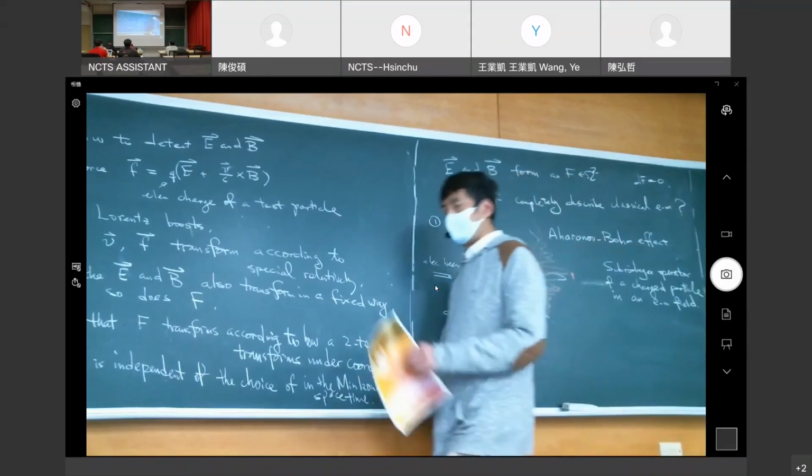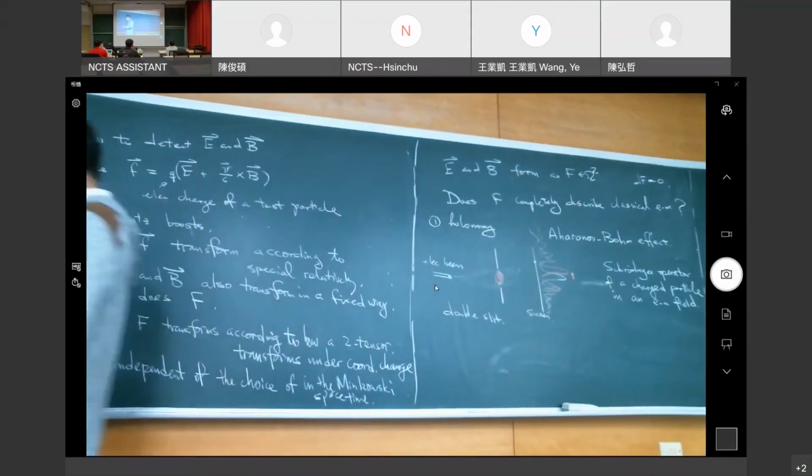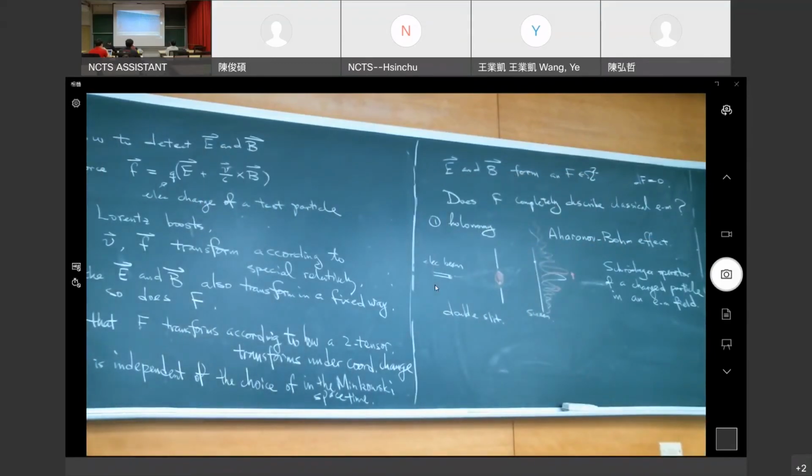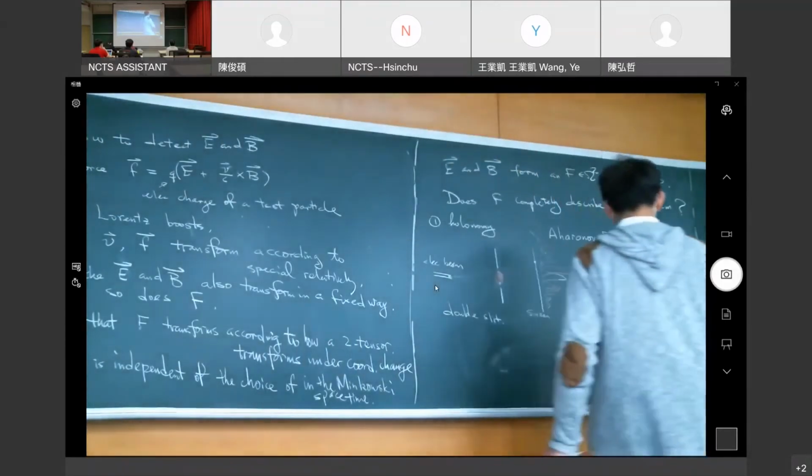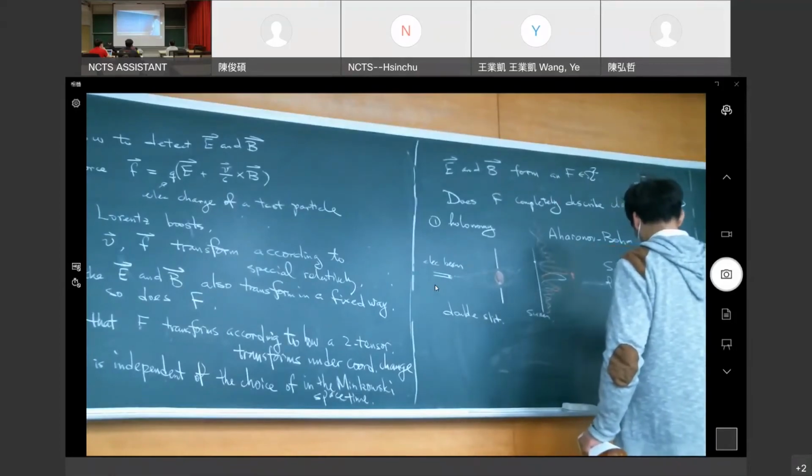You see that there's a square of momentum, but the momentum is shifted.